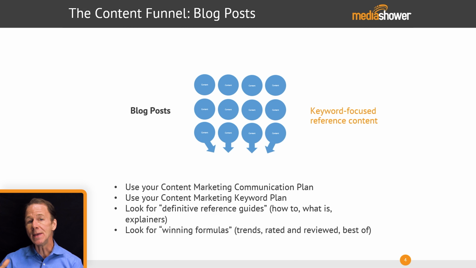You also want to keep your eyes open for winning formulas. And winning formulas are types of content or frameworks for blog posts that you can use again and again. So for example, industry trends: whatever your industry is, trends pieces always do well.